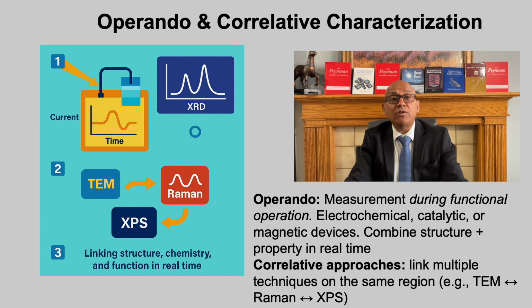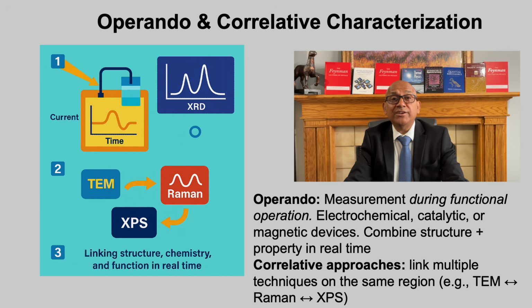For instance, following phase evolution in a battery electrode during charge and discharge, or monitoring catalytic surface species while the reaction proceeds. This approach integrates structural probes such as XRD or TEM with property measurements like conductivity or reaction rate, producing a true structure-property correlation.